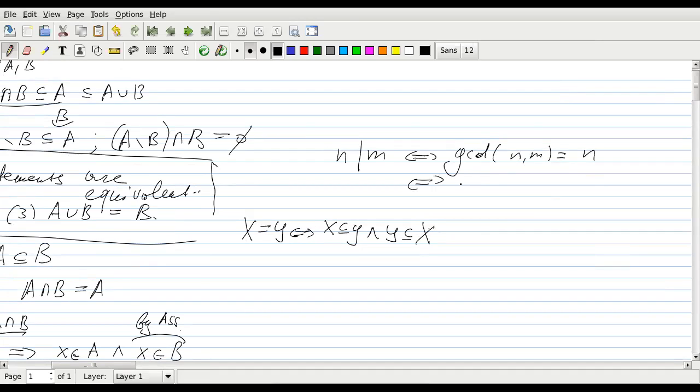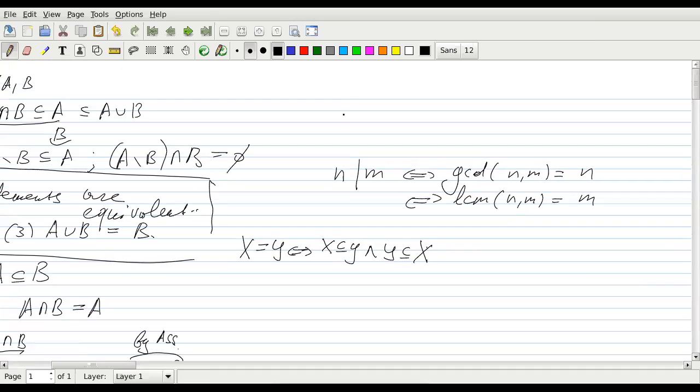Or equivalently, the least common multiple equals M. Or another fact of exactly same form. N is less or equal than M. These are numbers, say naturals. N is less or equal than M if and only if the minimum equals N. Or equivalently, the maximum equals M.